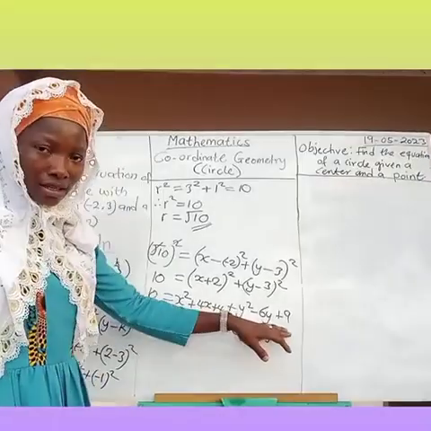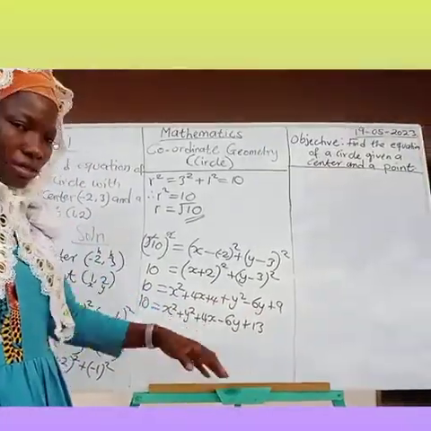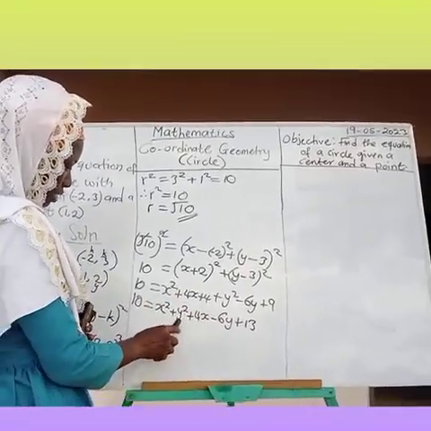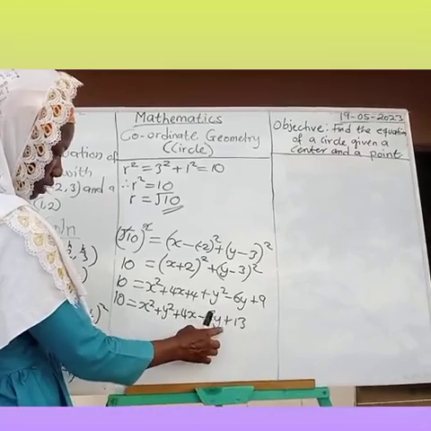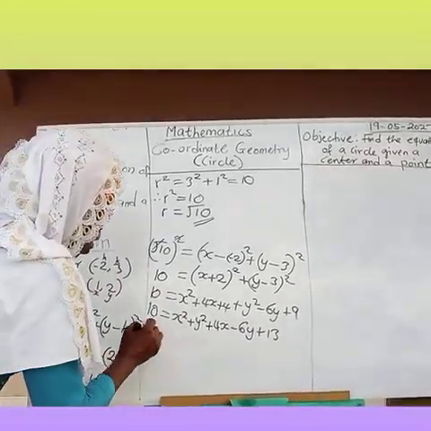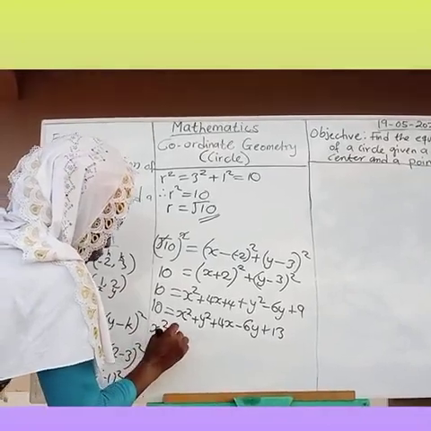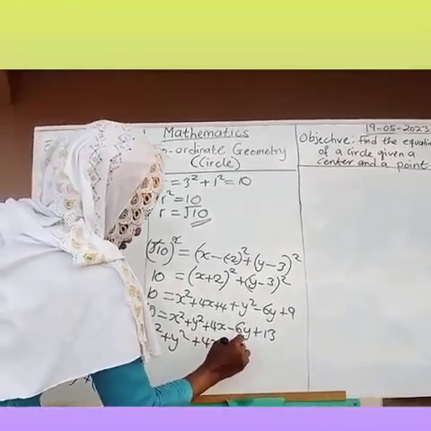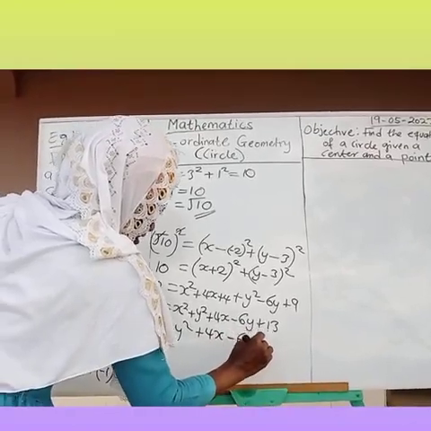Now we rearrange the expansion that we made. We bring the x squared first, then y squared, then 4x minus 6y plus 13, to look like the general form of the equation. So we write x squared plus y squared plus 4x minus 6y plus 13.